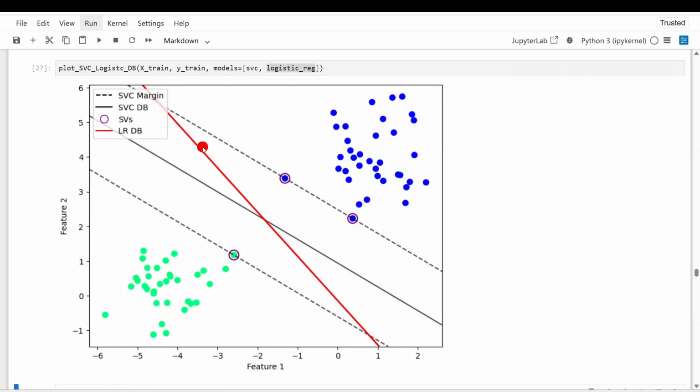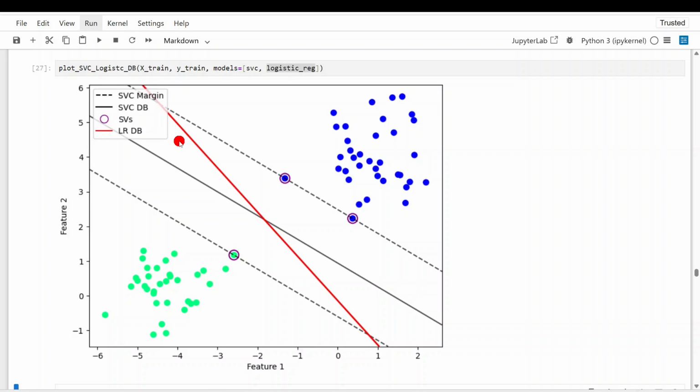For example, if we consider the logistic regression model, and we have a certain point somewhere around here, this point would be classified as green, but compared to the blue points and the green points, this point is nearer to the blue points.